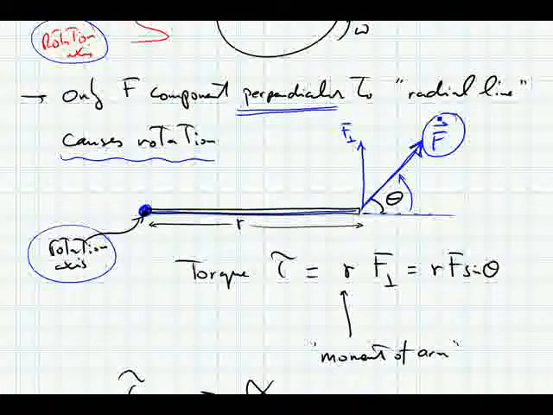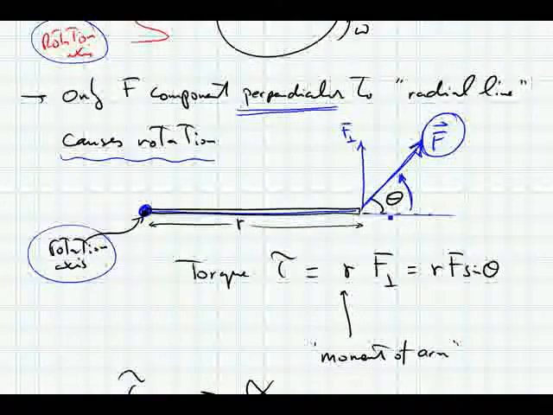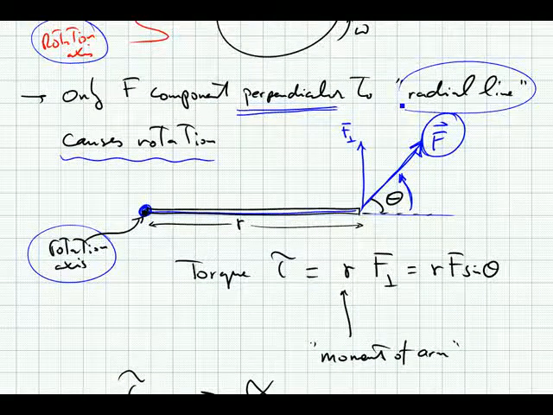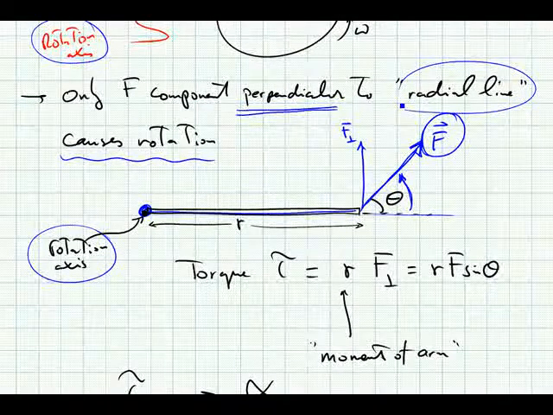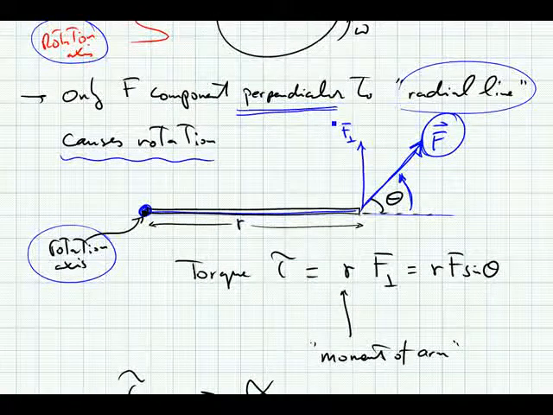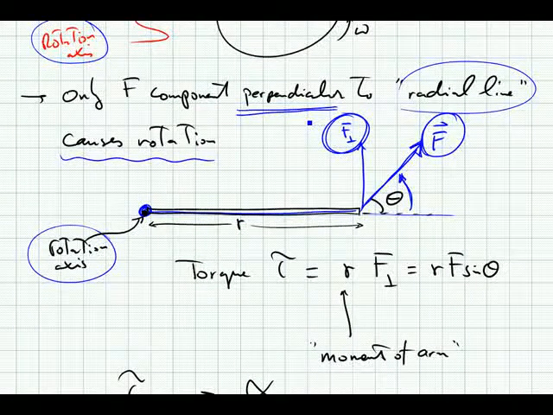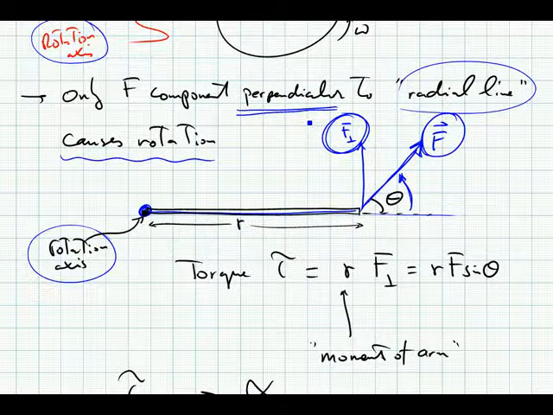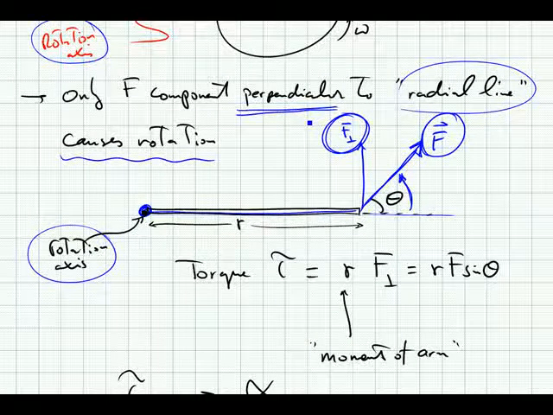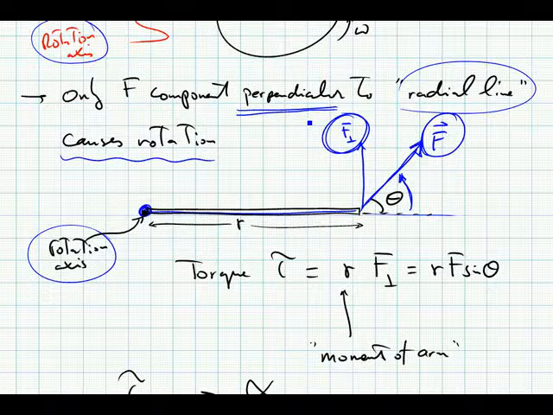So we're applying a force F, which makes an angle theta with respect to the radial line. That's the word I was trying to remember just a minute ago. Only the perpendicular component of F will give rise to a change in rotation of the rod. In this case, if the rod is stationary, it will cause it to rotate counterclockwise.